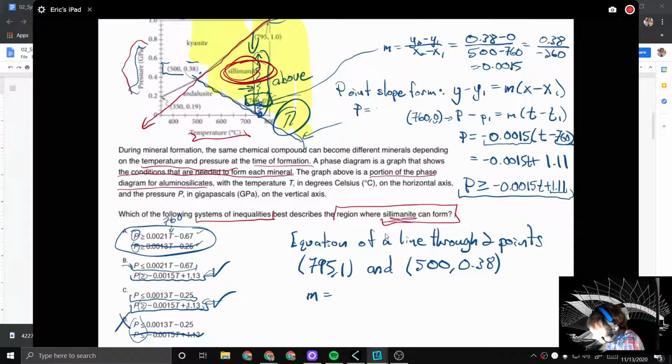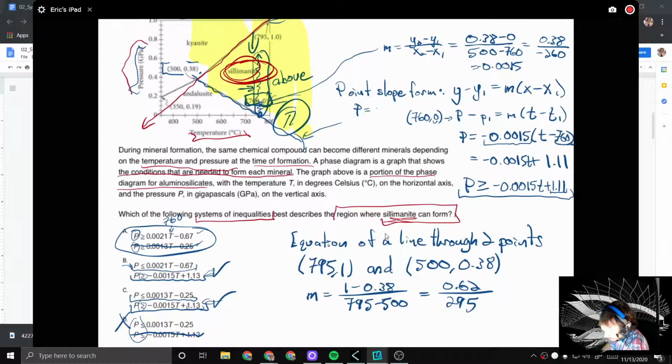M is 1 minus 0.38, y2 minus y1 over 795 minus 500, equals 0.62 over 295.